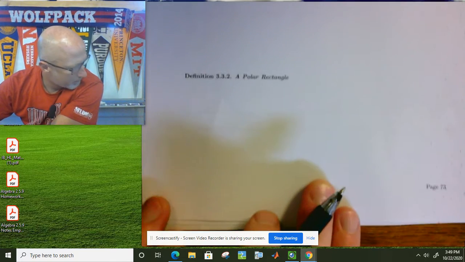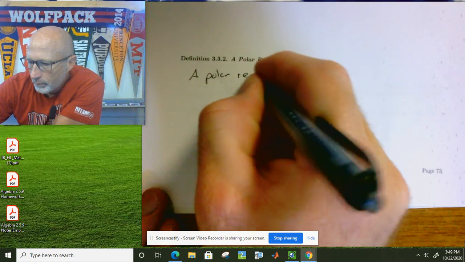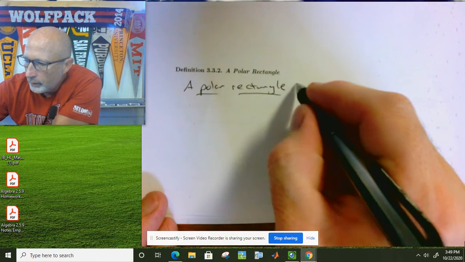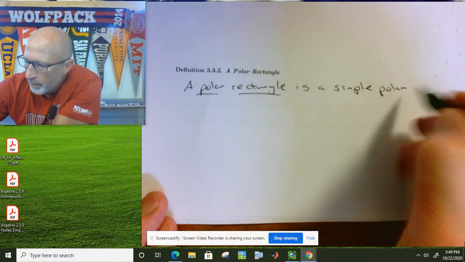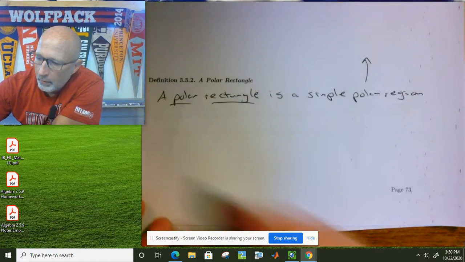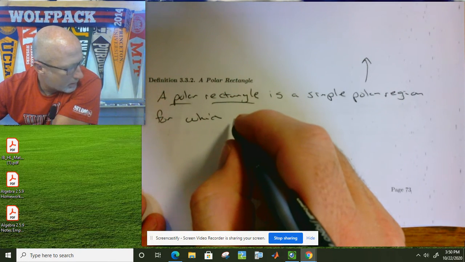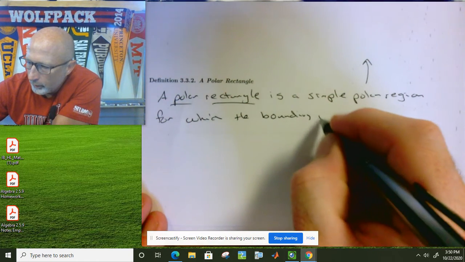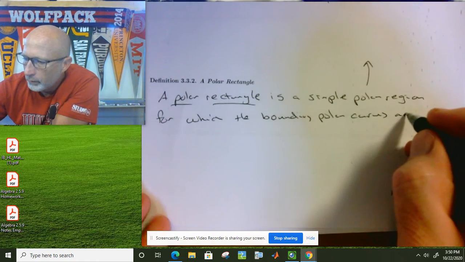A polar rectangle is a simple polar region, what we've defined up above, for which the bounding polar curves are circular arcs.